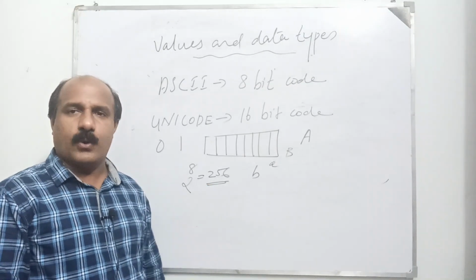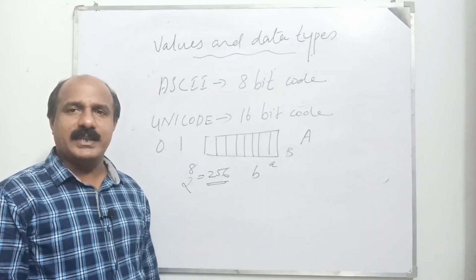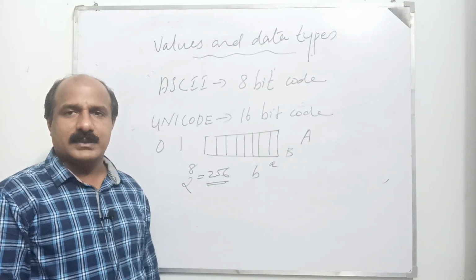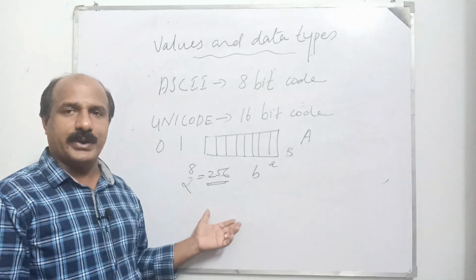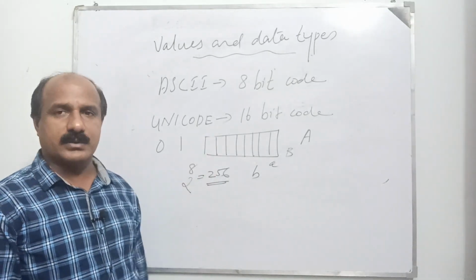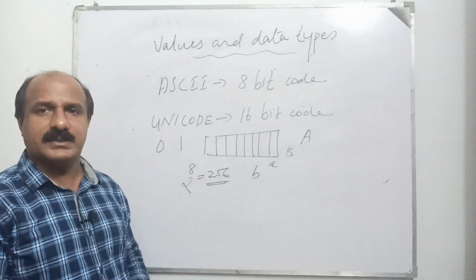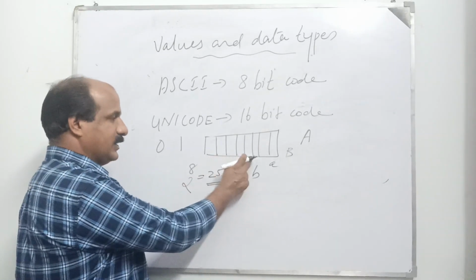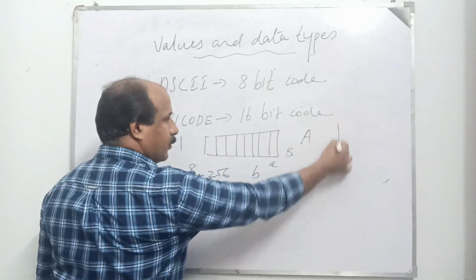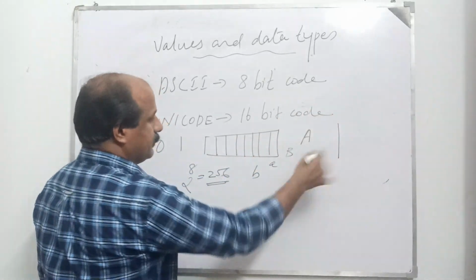In order to solve this problem, developers generated a new coding system called Unicode. In this, they have replaced 8 with 16. So it is 16 bit.